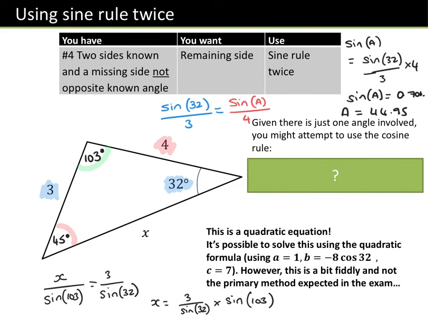So x equals 5.51, and to the nearest whole number is going to be 6. Well, we could just use 5.51. So x equals 5.51.